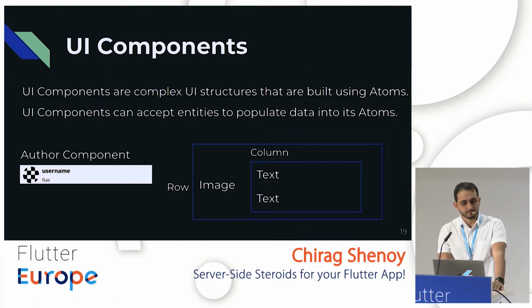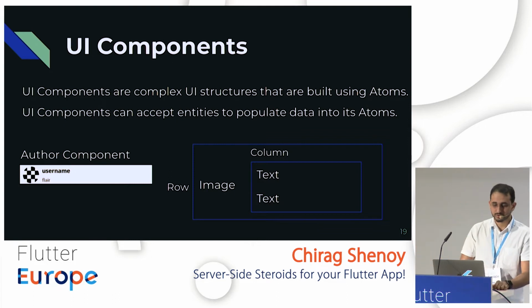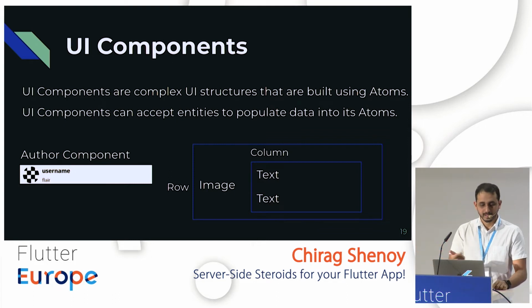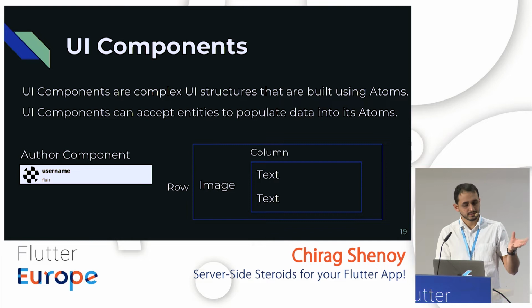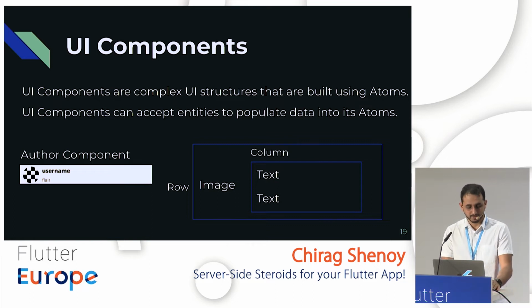This author component just takes a user entity, a user domain model, and it knows that it needs to put its text at the top, which is the username, and the handle at the bottom. And it knows that once you have an author model, you have to put the image at the left side in the image spot where it shows the black and white squares.